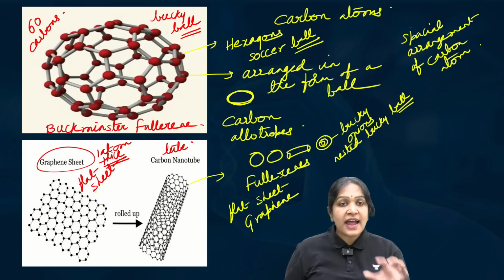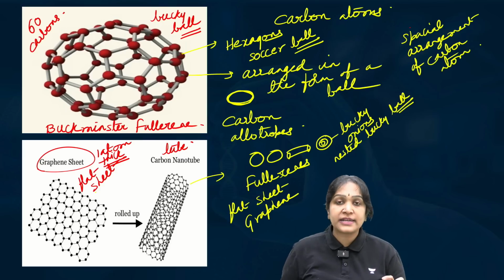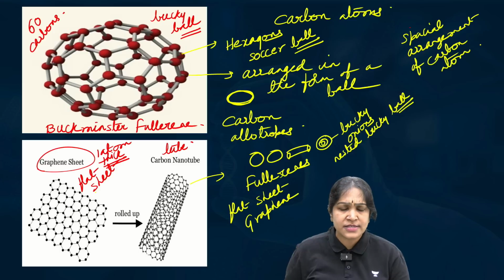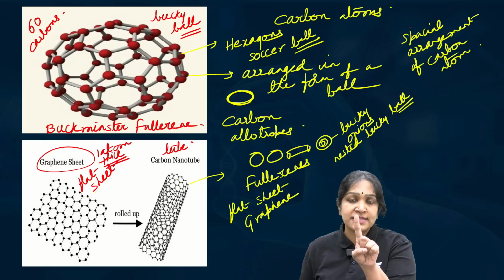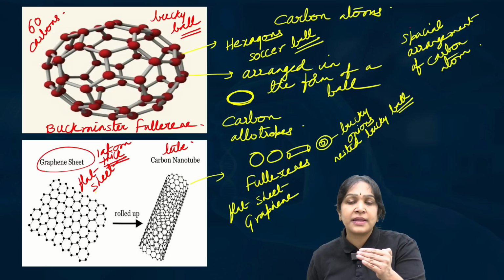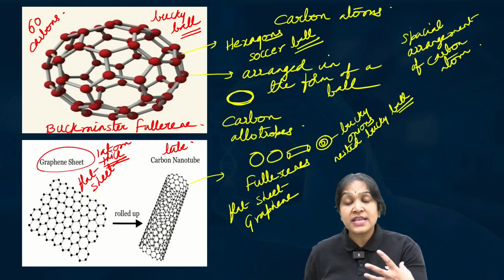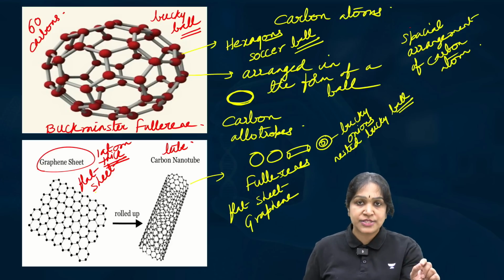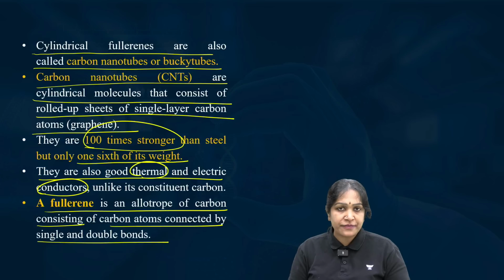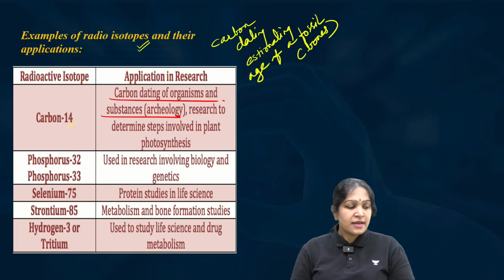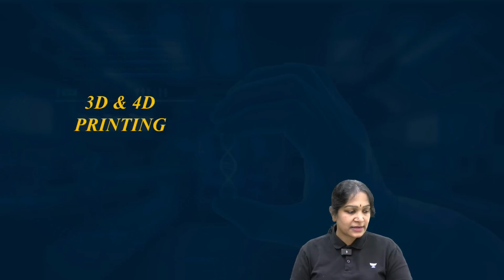The flat sheet of carbon atoms arranged in the form of hexagons, one atom thickness, one-sixth the weight of carbon, graphene is 100 times stronger than steel. Different applications of it we discussed. That graphene can also act as a semiconductor. Very good.